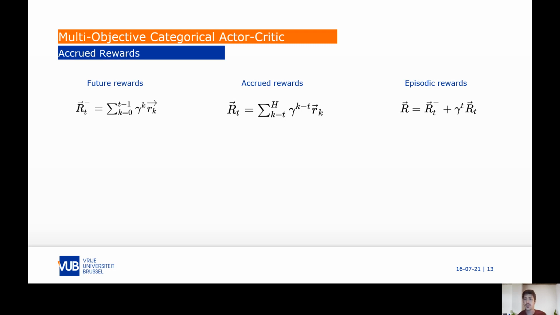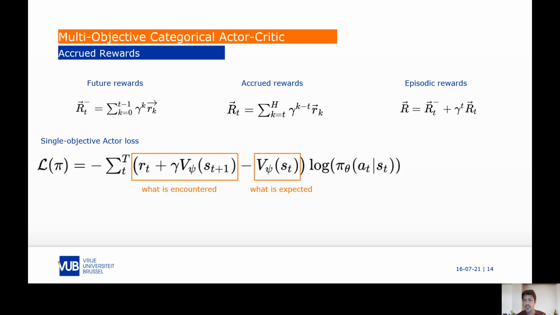How does this work concretely in our algorithm? Well, we're going to start from the single objective actor loss from a typical actor-critic algorithm. What basically happens here is that you compare what you actually encountered, the reward you encountered, with the reward that you expected.